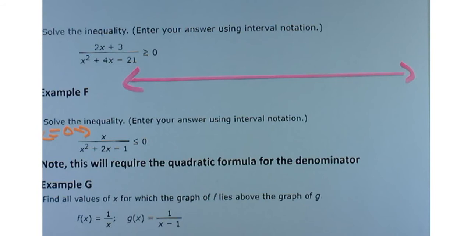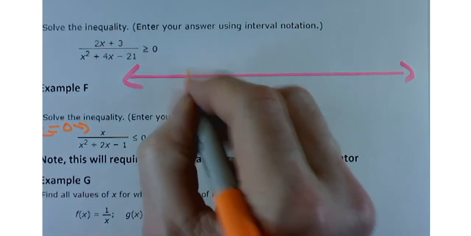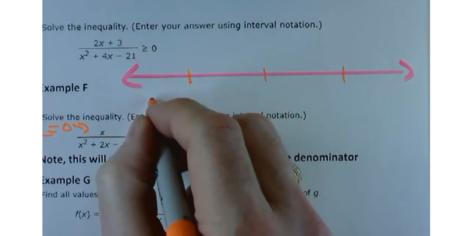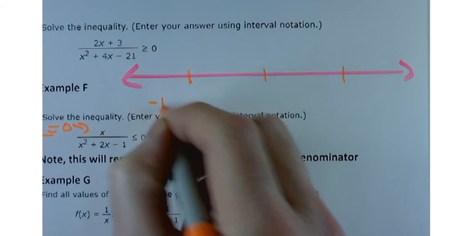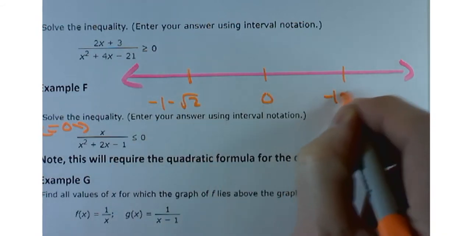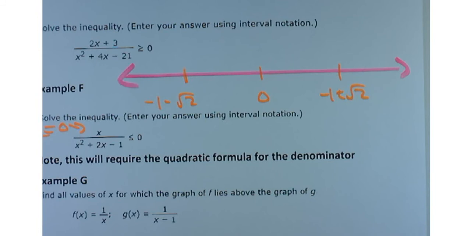Or if I did, maybe I'd factor it and give you the roots first or something like that. So I've got 3 points. One of them is negative 1 minus the square root of 2. And then the other ones are 0 and negative 1 plus the square root of 2. I'm not trying to draw them spaced appropriate to their size. I just have them in the right order. That's all I care about.